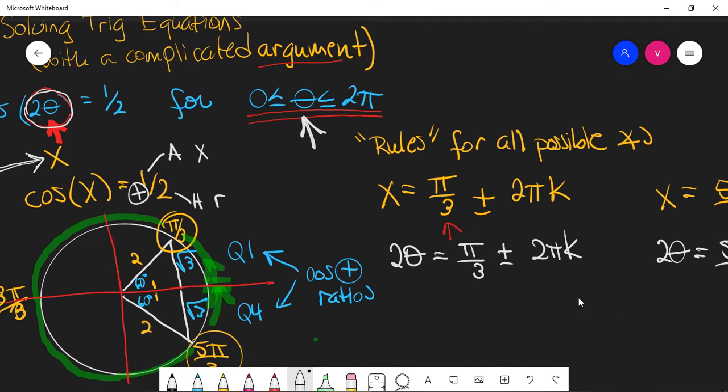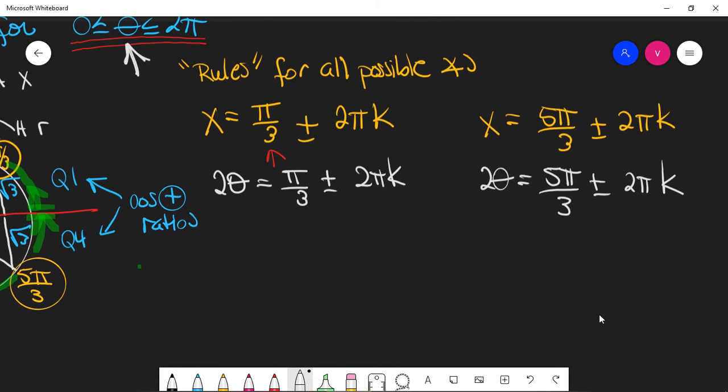Well, guess what? The reason we did that, we're going to do a little bit of algebra. It is 2 times theta here, so to get theta by itself, you're going to divide everything by 2. Little bit of algebra, so this is one step beyond, okay? So your 2's cancel out there.